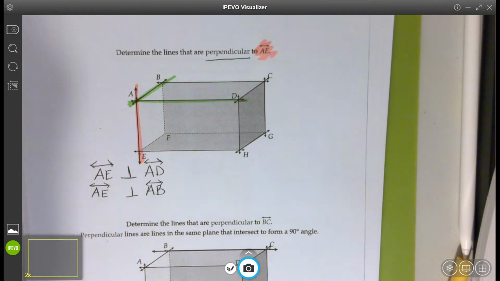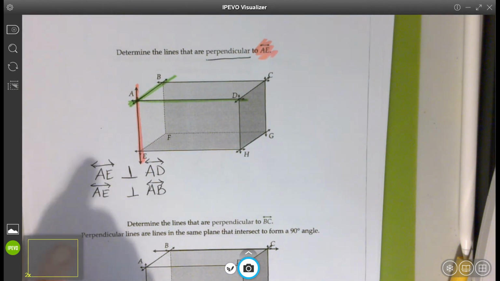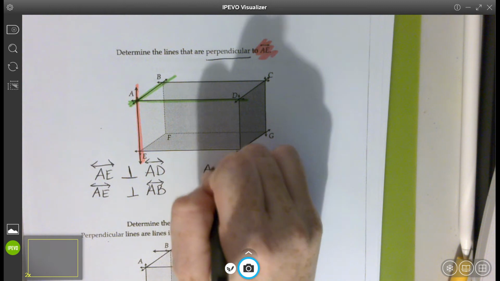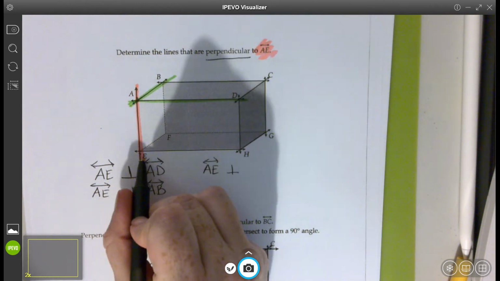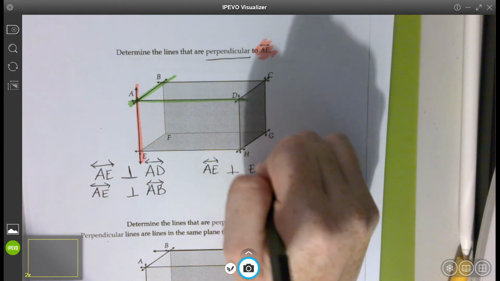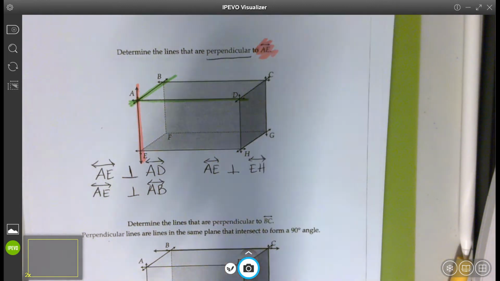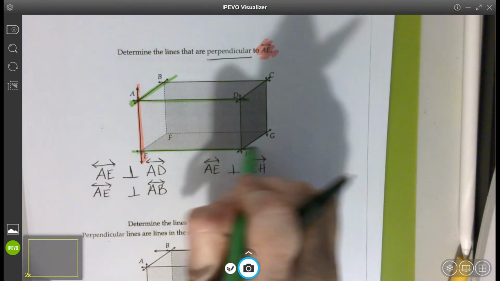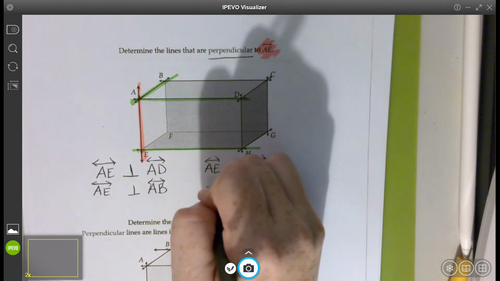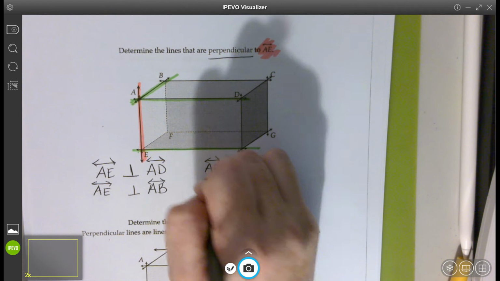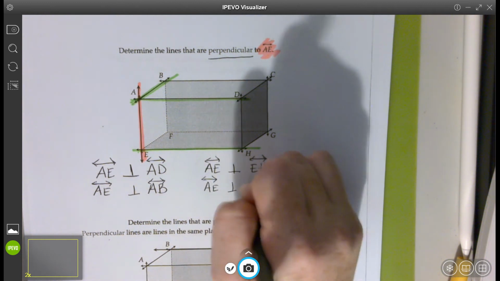I'm not done yet. I'm going to go to the bottom of that pink line, and now I have AE is perpendicular to EH. Again, that line is hitting that pink line, making that L shape. And then I have AE is perpendicular to EF.